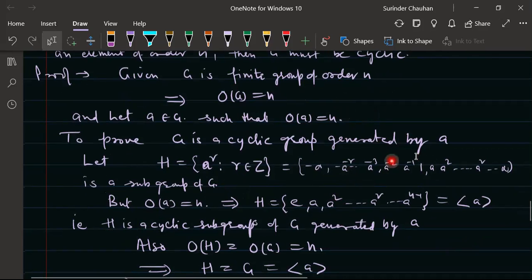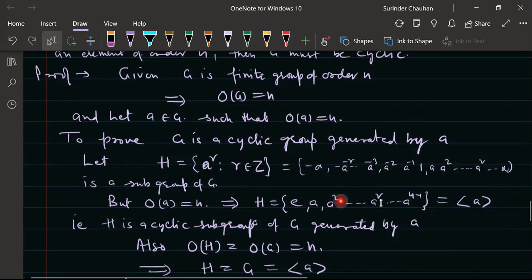The infinitely many powers are repetitions of n distinct elements, because the order of a is n. So H must have n distinct elements. H is a subset of a finite group.